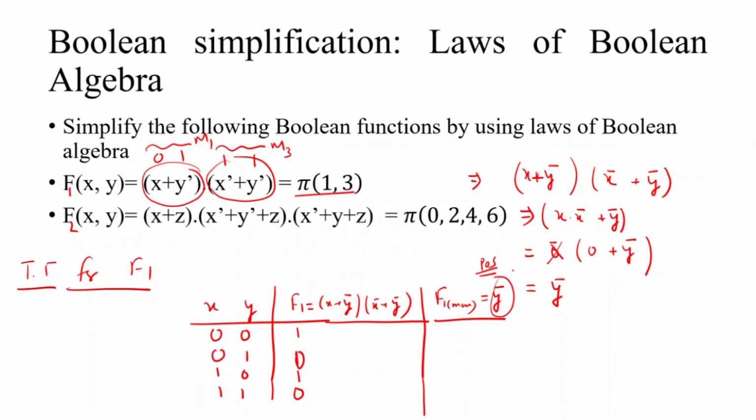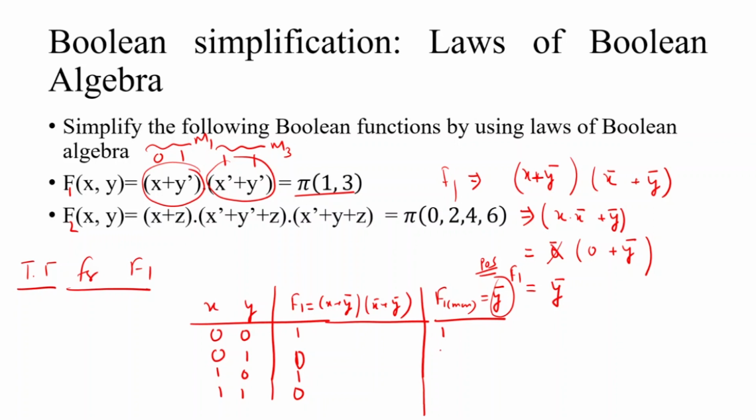This is the value of F1, which is also in POS form. This means whatever the value of x, when the value of y is 1, y complement is taken as 1, the output is 0, and in the rest of the cases the output is 1. So when y is not 1, the output is 1.